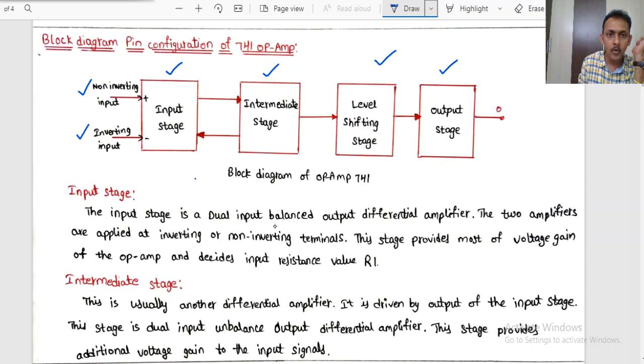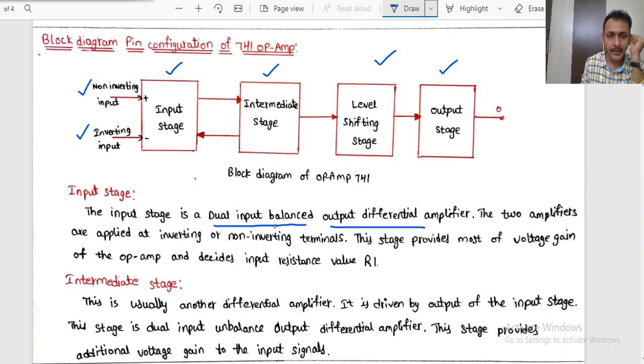The input stage is a dual input balanced output differential amplifier.